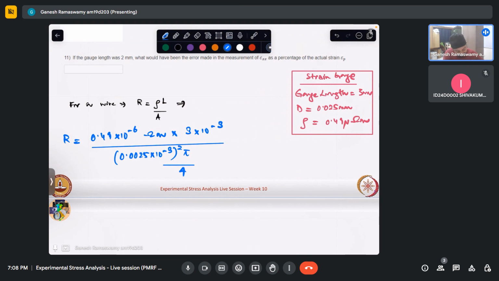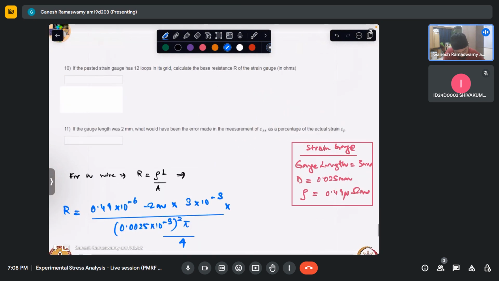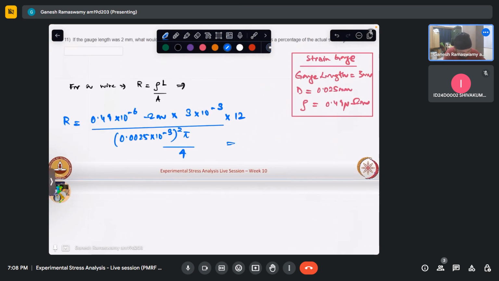In such a case, we just need to multiply it by the number of loops that are there. There are 12 loops. So we will get the base resistance that is required. So this will be 0.0025 into 10 power minus 3 by 4 into 0.49 into 6 into 3 into 10 power minus 3.